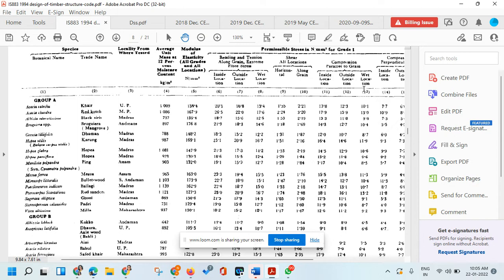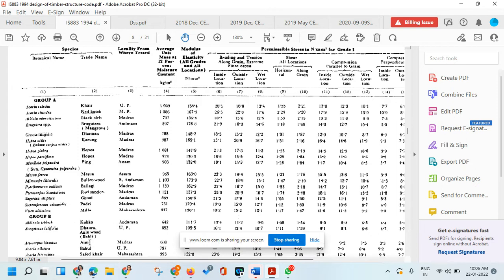When we use the wood as a column, the load will be in the direction parallel to the grain. So you have to take permissible stress, compression parallel to the grain. There again you have three options: inside, outside and wet. Inside is the most protected area where the column is placed. Outside is subjected to wetting and drying, and wet is something immersed or something like that.